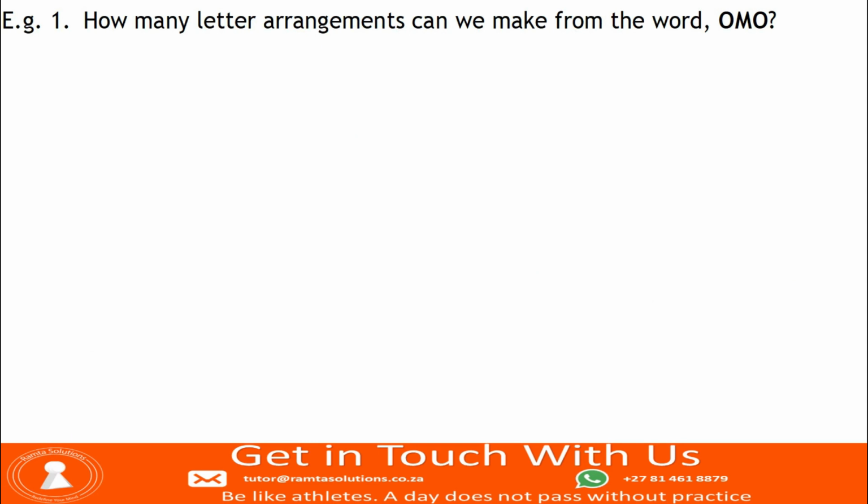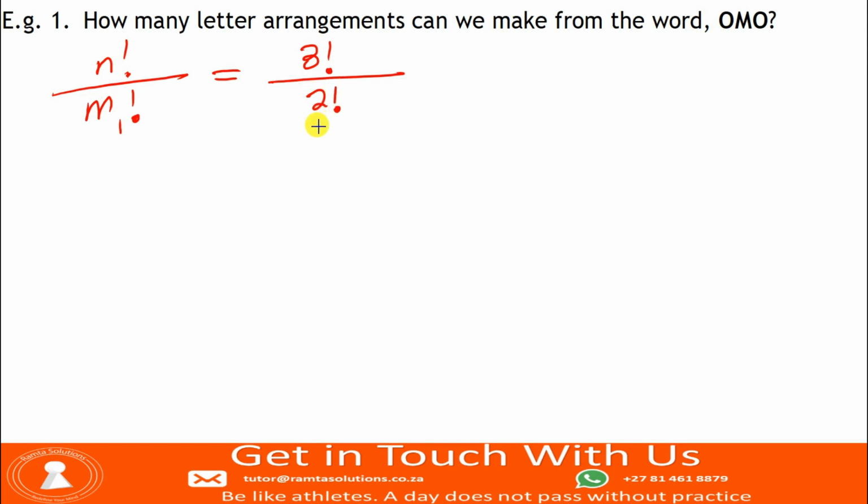Example 1 says, how many letter arrangements can we make from the word Omo? Omo, washing powder. So what are we making? We say n factorial over m sub 1 factorial. Even if you don't write this, it's okay. Omo is made of 3 letters. Letter O is repeated twice.